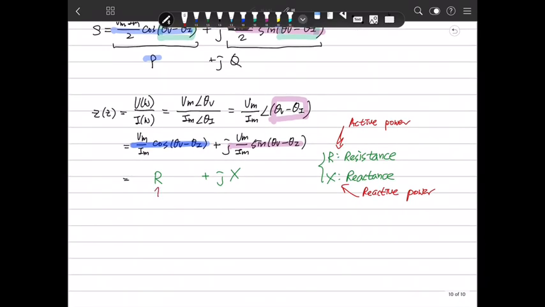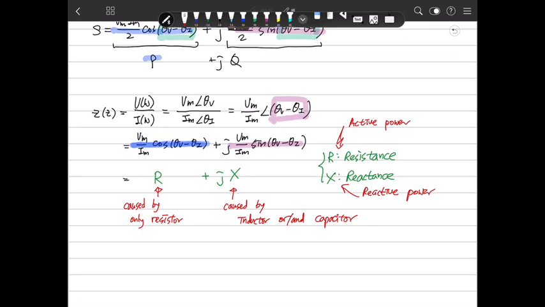This R is caused only by the resistor, and the reactance X is caused by an inductor and or a capacitor.